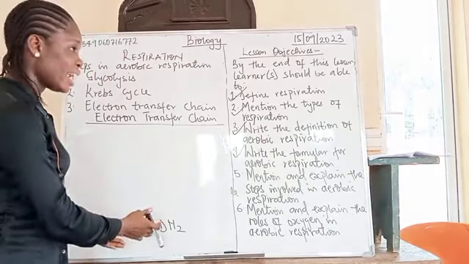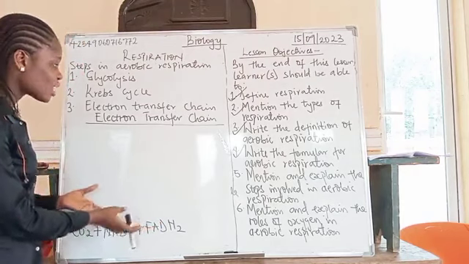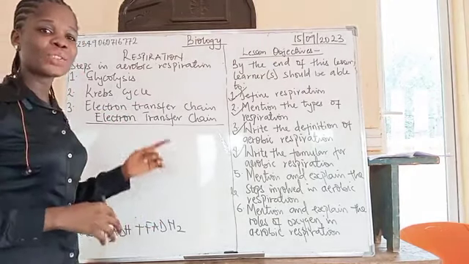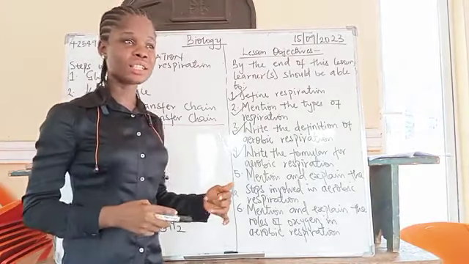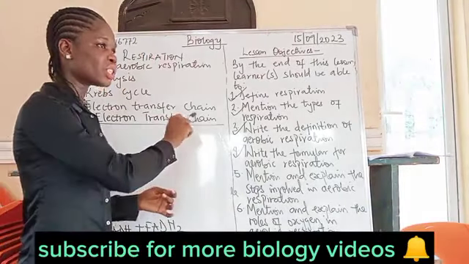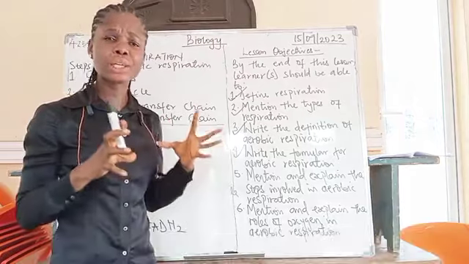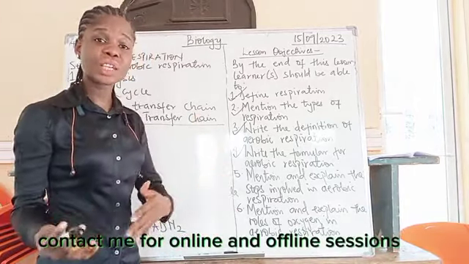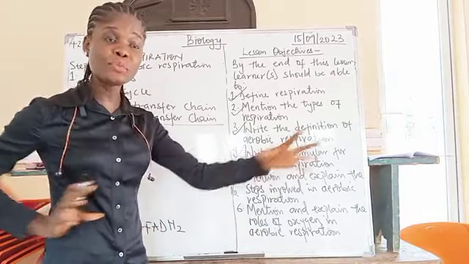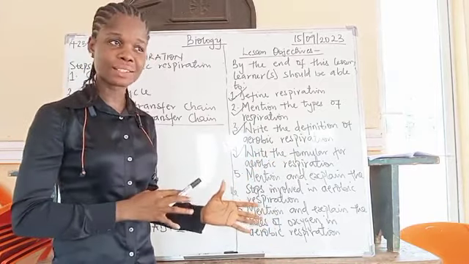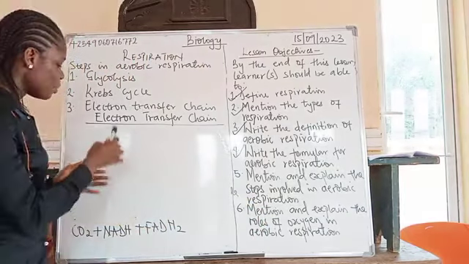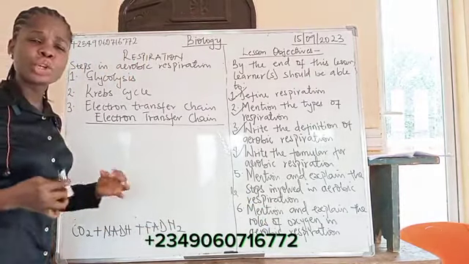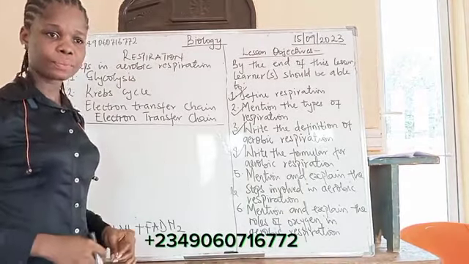And these high energy electrons are transferred to the electron transfer chain. When they are transferred, their movement along the chain produces a lot of energy. Just like electric energy can be generated by the movement of water in dams, in the same way, the movement of electrons on the electron transfer chain produces a lot of energy.